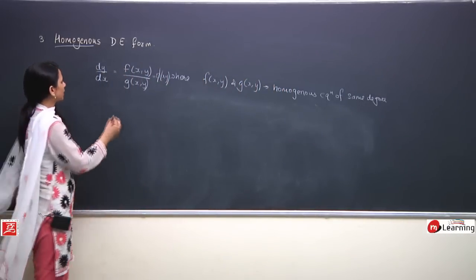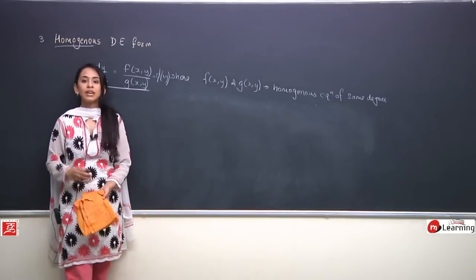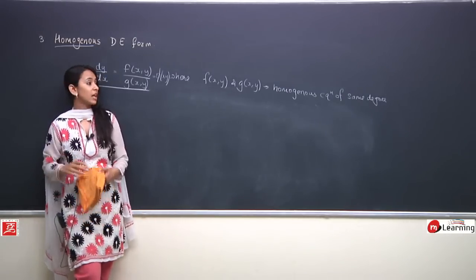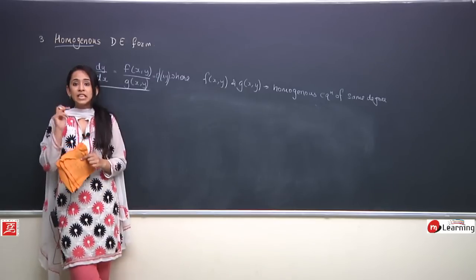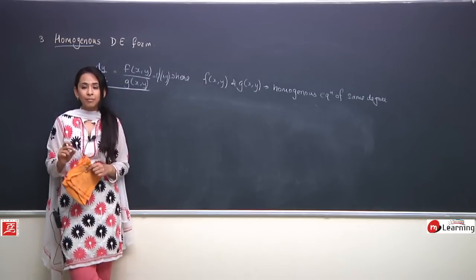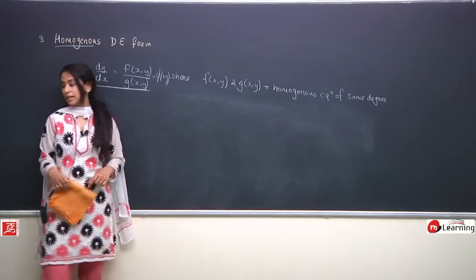So one thing I have got from here is that dy by dx equals f of x, y upon g of x, y is a homogeneous differential equation. And what do we know? That a homogeneous differential equation is just dependent upon the nature of y upon x or x upon y rather than being dependent upon x and y individually.